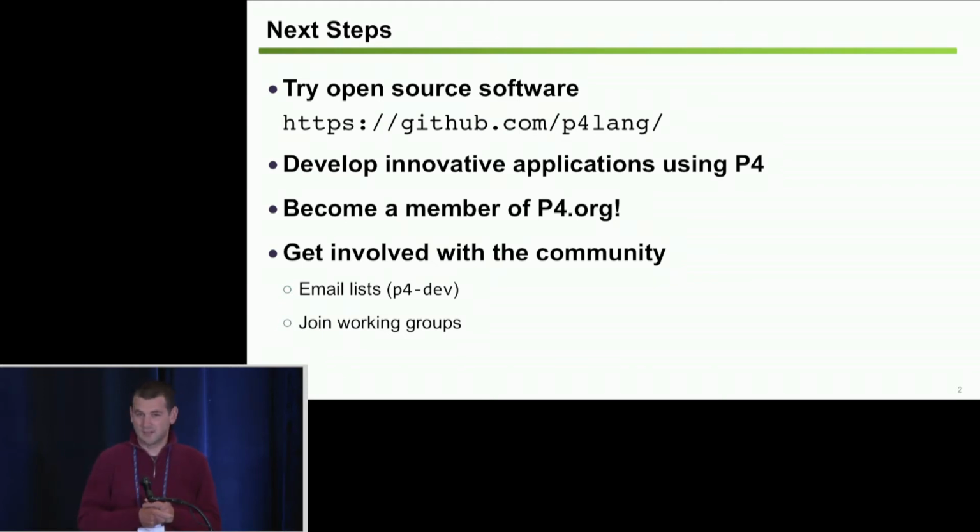It's all available on GitHub under the P4Lang organization. So this includes the P4 compiler, the BMV2 software switch, testing tools, things like the Docker app that you were using today. That's all available, and we encourage you to step out of that walled garden and start tinkering and developing applications yourself.